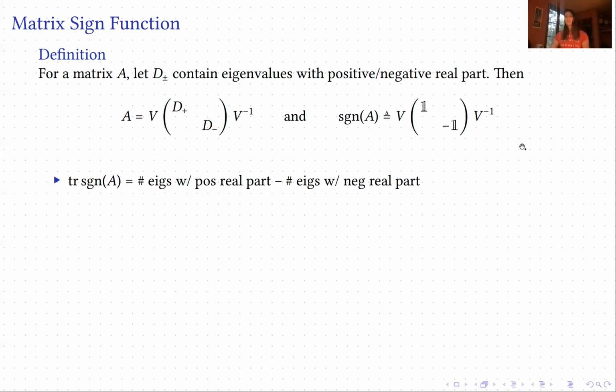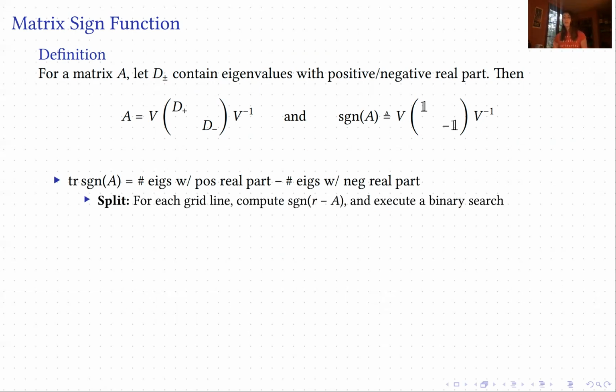And this is useful because if we're given a matrix A and a grid, by computing sign of R minus A, where R is like the horizontal shift of some grid line, we can figure out how many eigenvalues lie on either side of that grid line. And then we can execute a binary search over the grid to bisect the spectrum in the way that the split step demands. Sign A can also help us with the deflate step, although I actually won't have time to discuss this in detail.